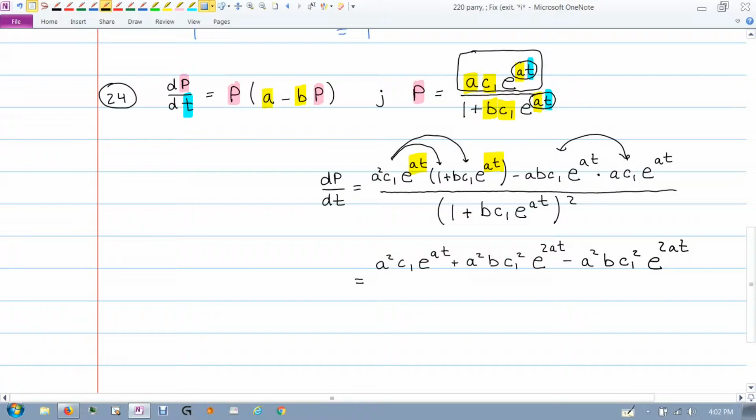Oh my goodness, are those the same? All over 1 plus b c sub 1 e to the at, but all that quantity squared. So what I'm seeing here is that this looks like this. They're the same thing, but they're opposite in signs. Those suckers are gone.